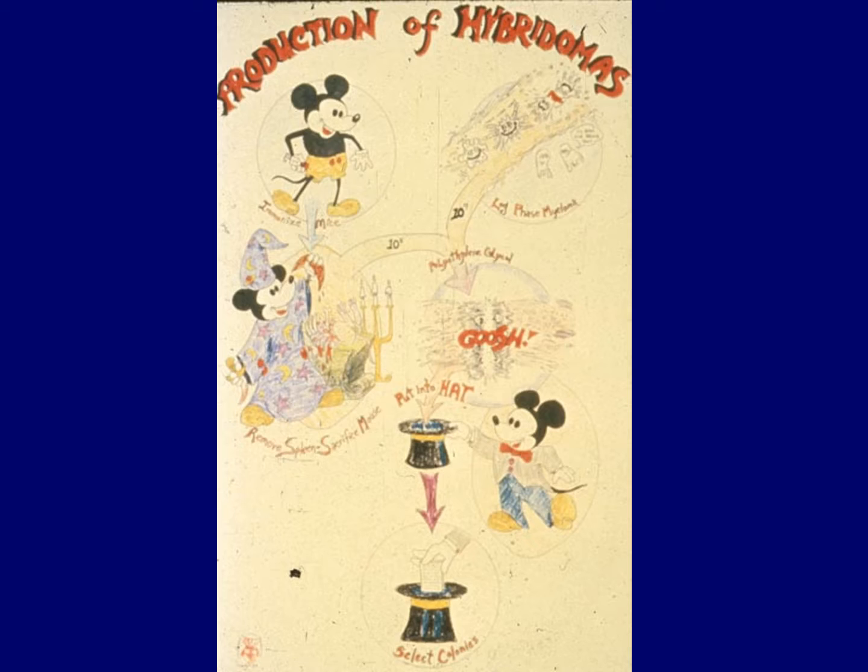And out of the HAT came the hybridomas, and we could select colonies, and we learned later on how to select them with the FACS as well. But the production of monoclonal antibodies really made the FACS work extremely well. And there are now many monoclonal antibodies, CDs, and I think the number of CDs is well over 200 now.